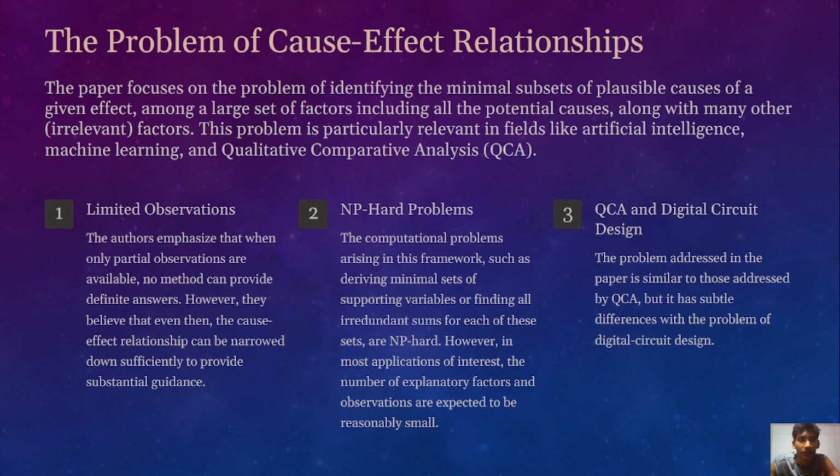Limited observation: the author emphasizes that when only partial observations are available, no method can provide definite answers. However, they believe that even then the cause-effect relationships can be narrowed down to provide subsequent guidance.